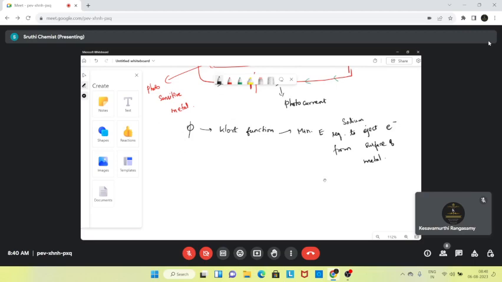For example, you are giving a photon having an energy of 40 kilojoule. Will the sodium start to eject an electron? Yes, ma'am. Of course, yes.